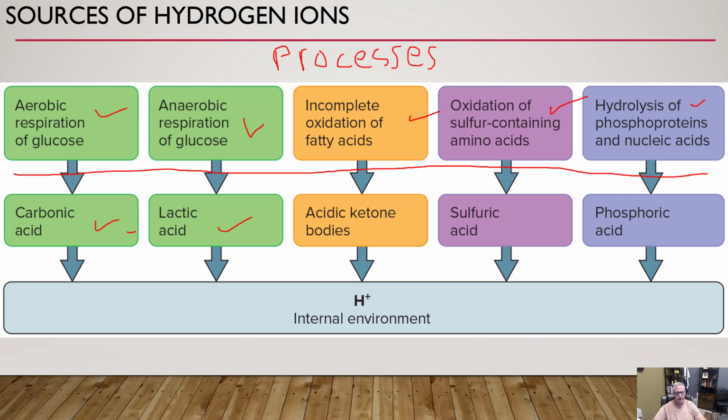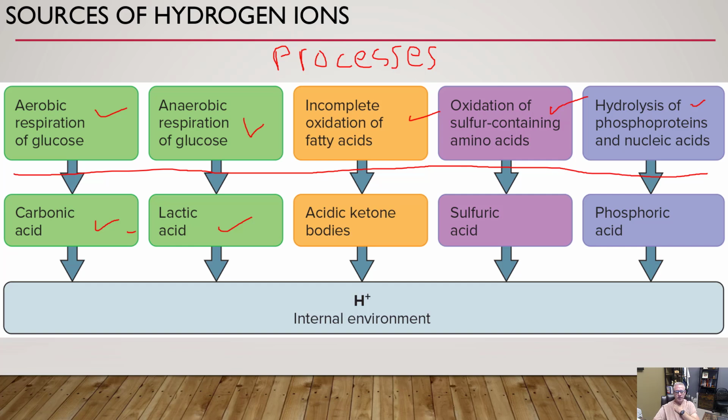So during aerobic respiration, such as the citric acid cycle, remember glucose is broken down in the presence of oxygen to produce carbon dioxide, water, and energy. Carbon dioxide then combines with water in the blood to form carbonic acid, and carbonic acid is H2CO3. This reaction is facilitated by the enzyme called carbonic anhydrase, and we talked about that already in a previous chapter.